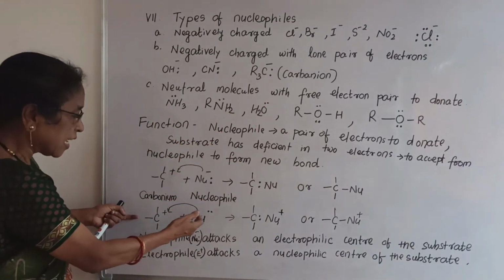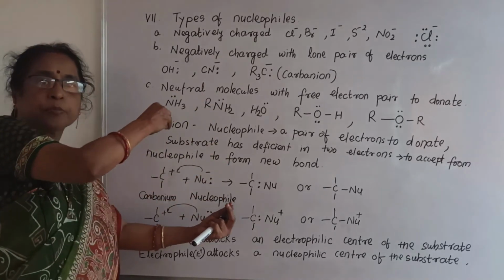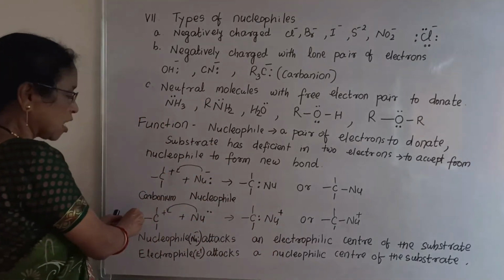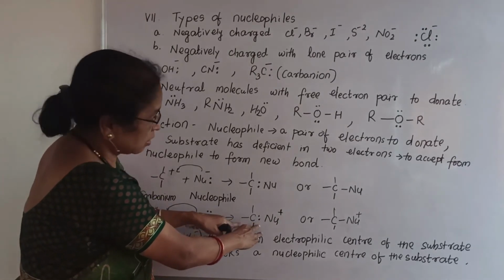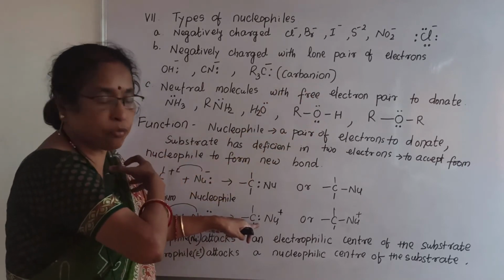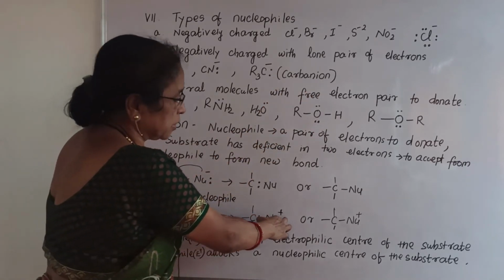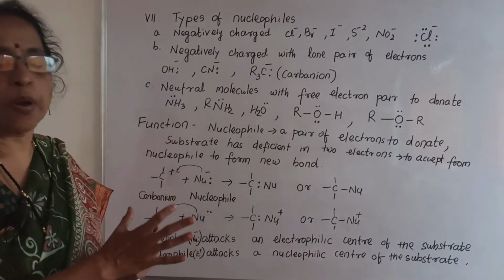And here also you can see the pair of electrons moves from the nucleophile to the carbonium ion, and the pair of electrons goes in the middle. Since electrons move from the nucleophile, it has a positive charge, shown by the new bond having Nu plus.